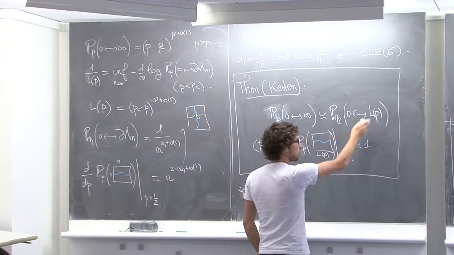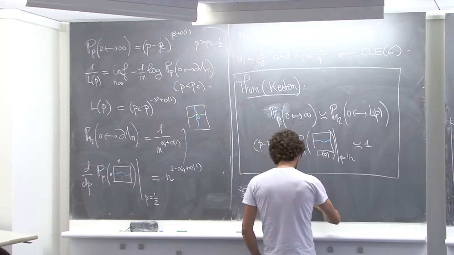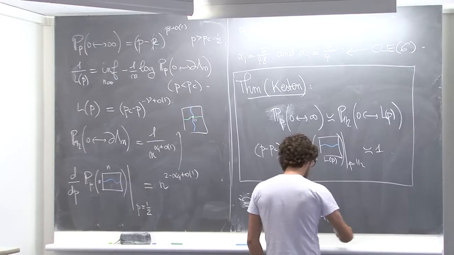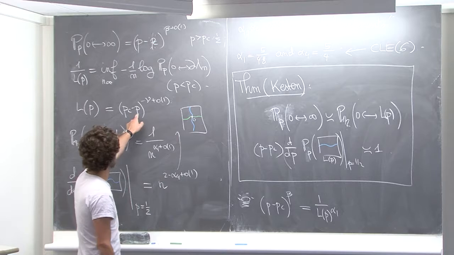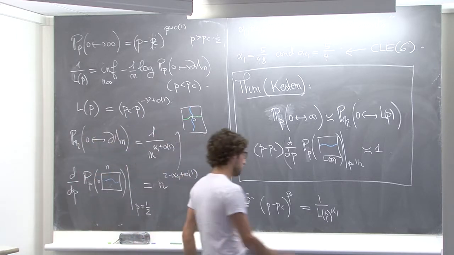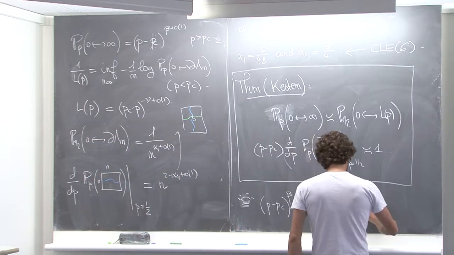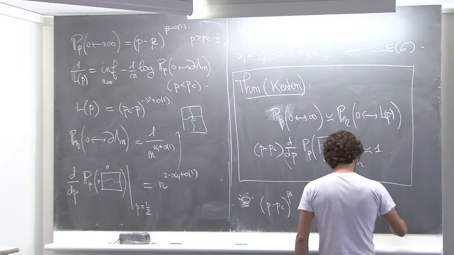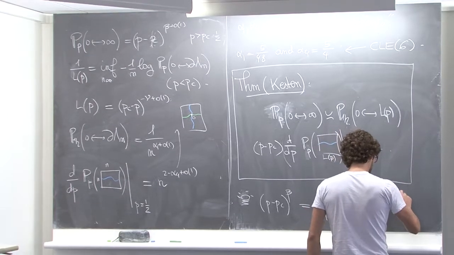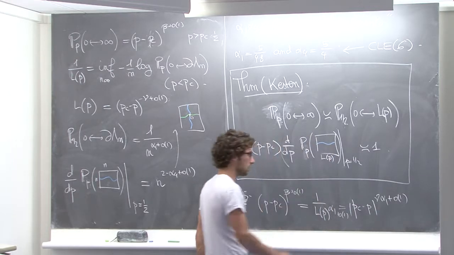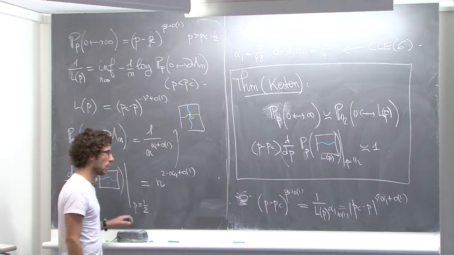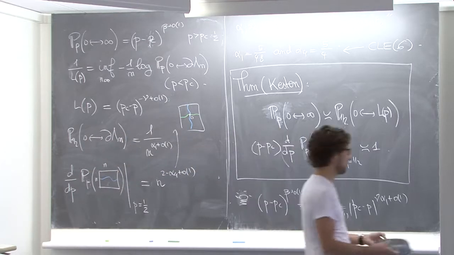The probability at 1/2 of 0 connected to distance L(p) is 1 over L(p) to the alpha_1, roughly. Okay? L(p) is (p_c minus p) to the minus nu. So this is (p_c minus p) to the nu alpha_1 plus o(1). So what did I just prove? I proved that beta is equal to nu times alpha_1.